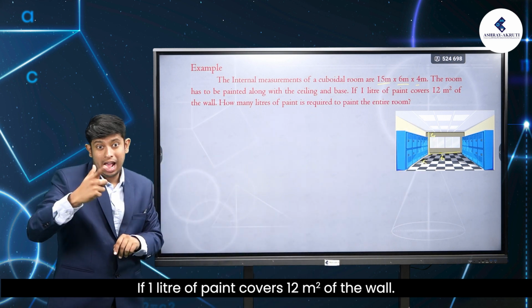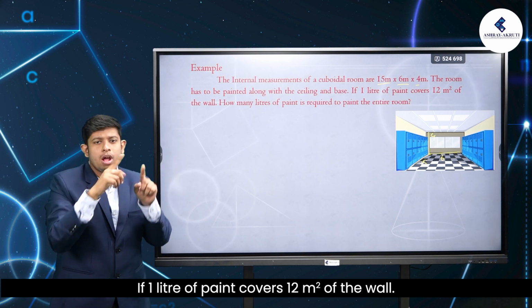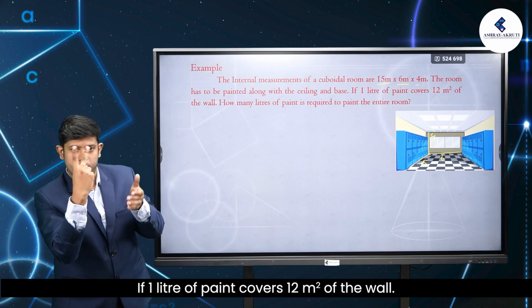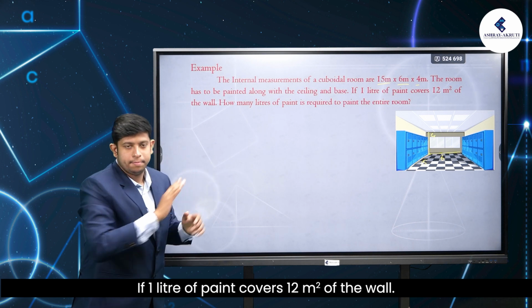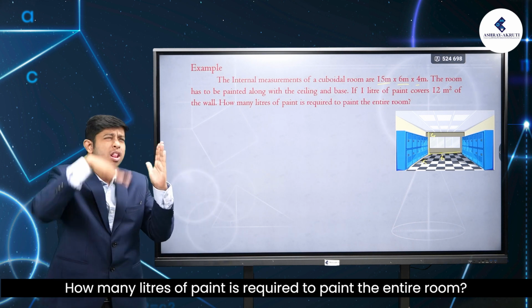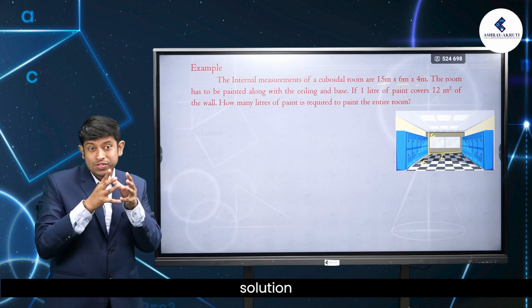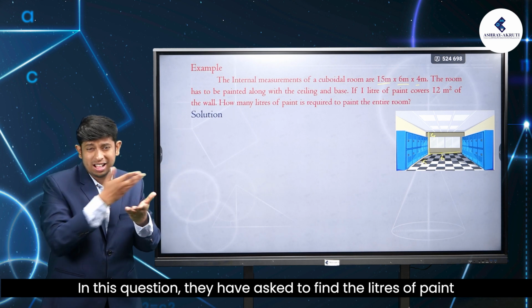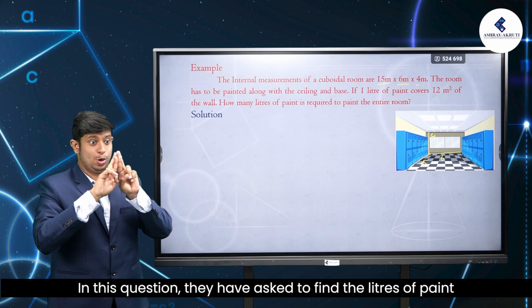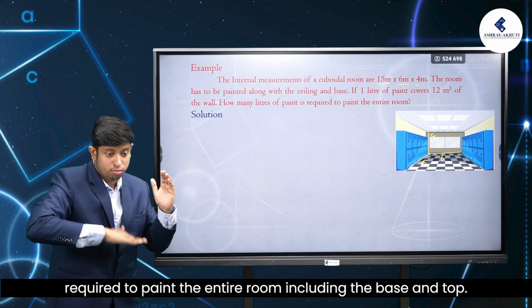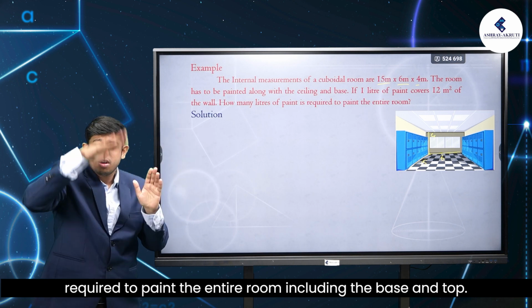If 1 liter of paint covers 12 meter square of the wall, how many liters of paint is required to paint the entire room? Solution. In this question, they have asked to find the liters of paint required to paint the entire room including the base and top.